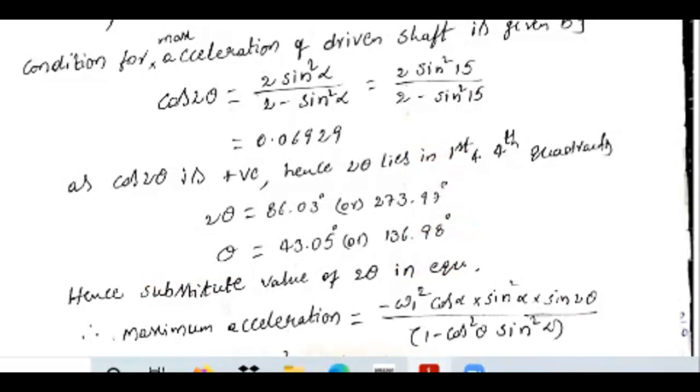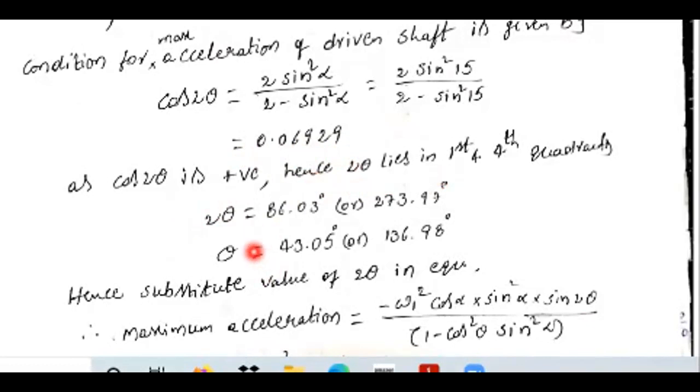Substituting the alpha value, 2 into sin square 15 by 2 minus sin square 15, the value arrived is 0.06929. Since cos 2 theta is positive, 2 theta lies in the first and fourth quadrants.